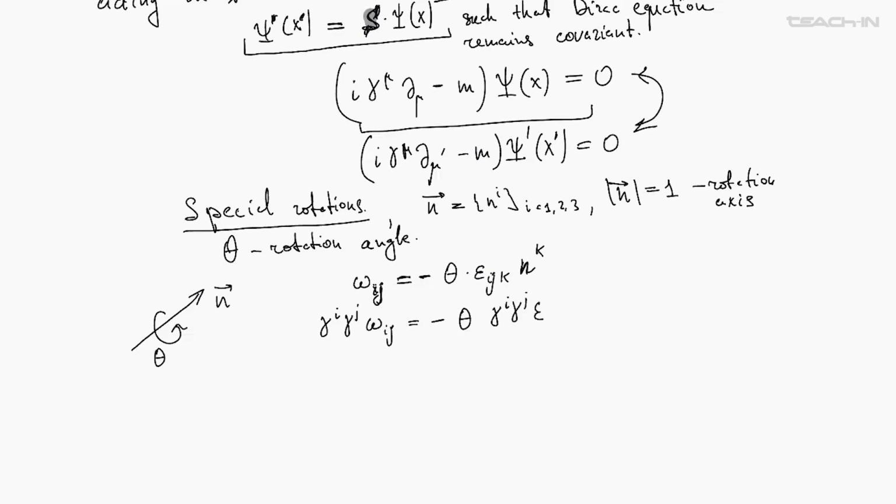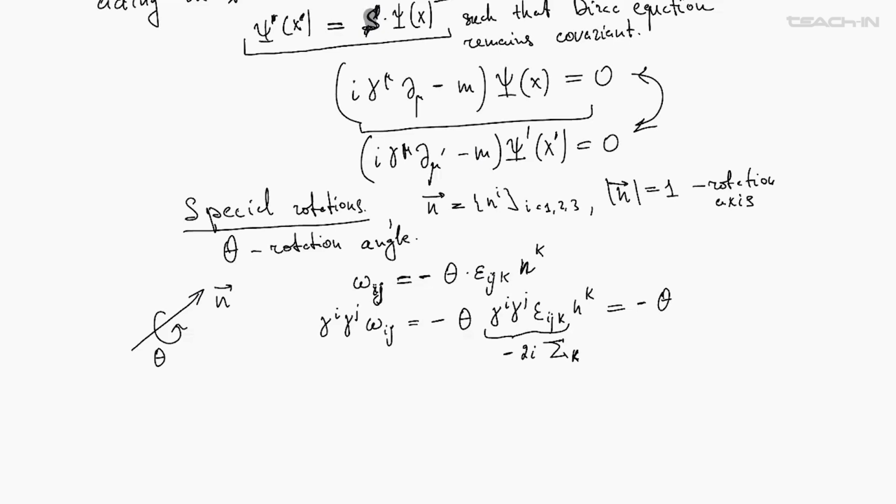And this sometimes people write in the following way. This expression here, gamma_i gamma_j epsilon_ijk, sometimes people write as minus 2i sigma_k. Because I'm summing over indices i and j, I get an expression which depends only on index k.